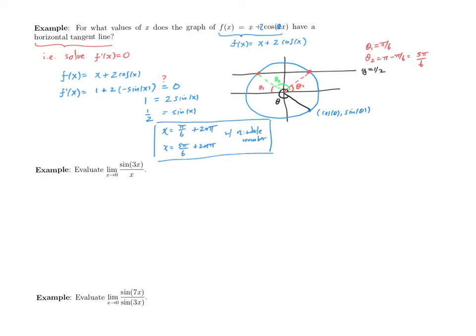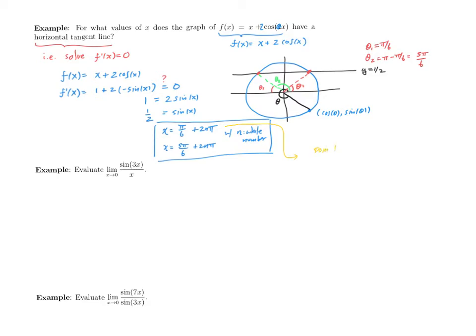I also want to comment that we have to be very careful to make sure that we answer whatever question is asked. Here we're simply asked to find the values of x, and we have found those. But another reasonable question would have been to ask what the corresponding points on the curve are. So if x is pi over 6 plus 2n pi, just for fun, let's write down those corresponding points.